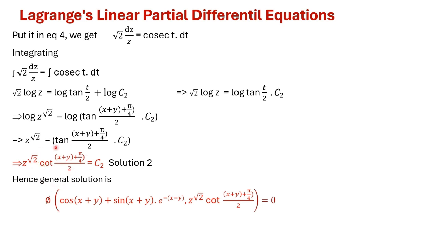Hence the general solution is phi of solution 1, which is (cos(x+y) + sin(x+y)) into e^(−x−y), and solution 2, which is z^(root 2) cot((x + y + pi by 4) by 2), is equal to 0. So this is our required solution.